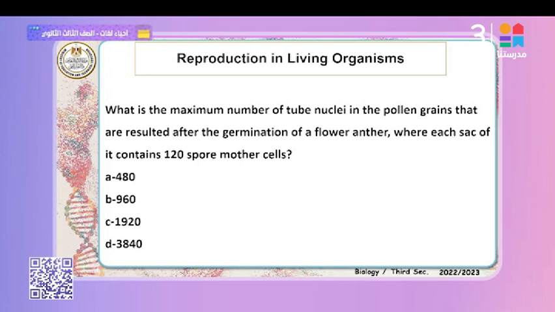That means each spore mother cell gives us 4 pollen grains, and each gives 4 pollen grains and 8 male nuclei. Tube nucleus and generative nucleus come from mitotic division. So the best answer is 1,920. C is the best answer. That's right.